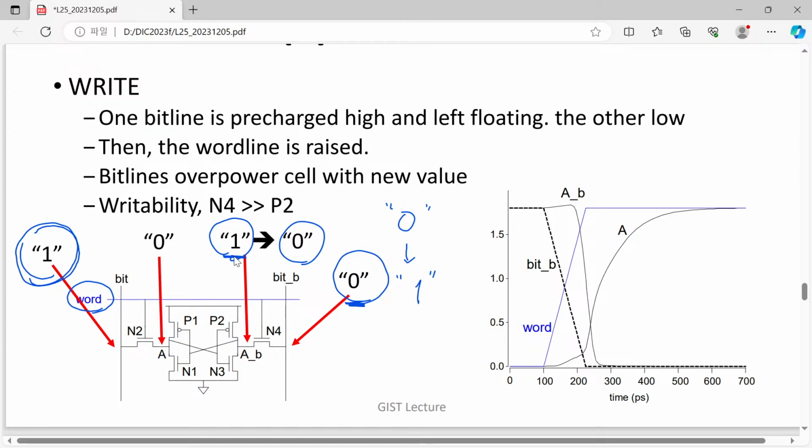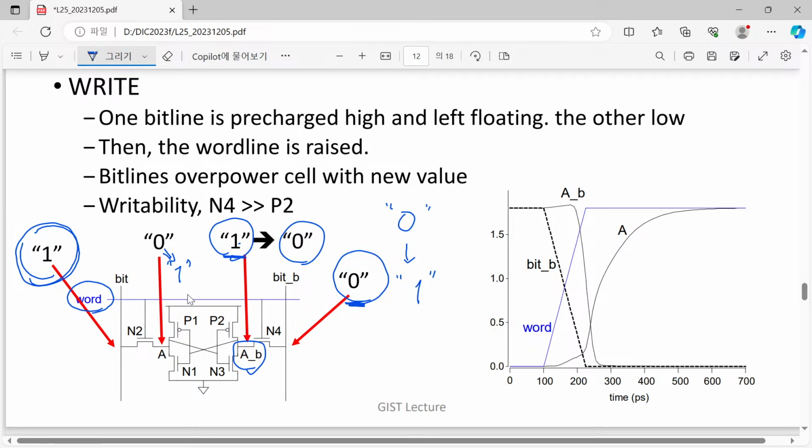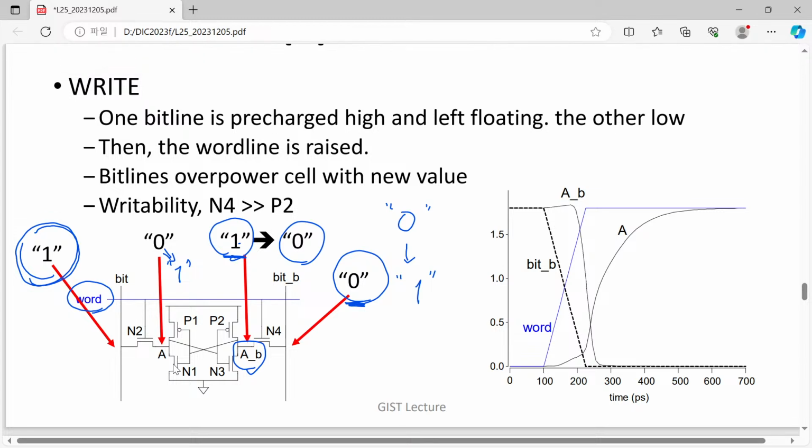Once this node is flipped from 1 to 0, then using this feedback loop, the initial 0 will become the later value 1. That is the way to write down our new value.